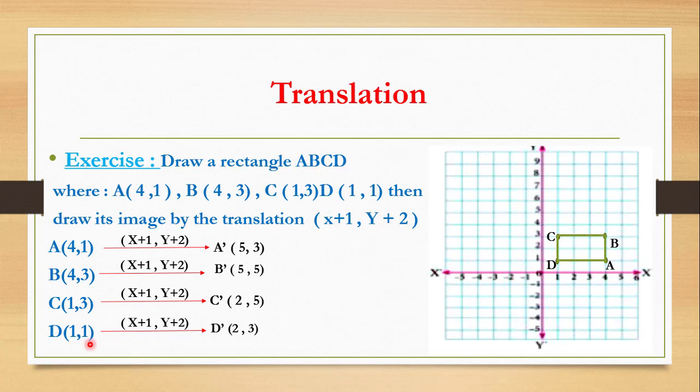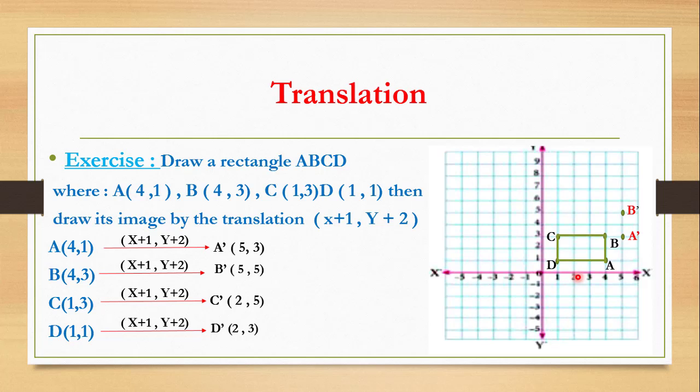Now we want to draw the image. Here we have the image A dash, B dash, C dash, D dash. Let's start with the first point, (5, 3). This is 5 and go up until 3. So this is point A dash. B dash, (5, 5). C dash, (2, 5), the same way.